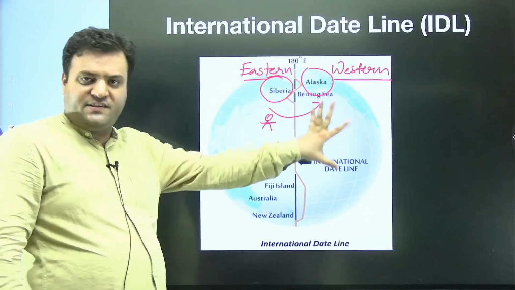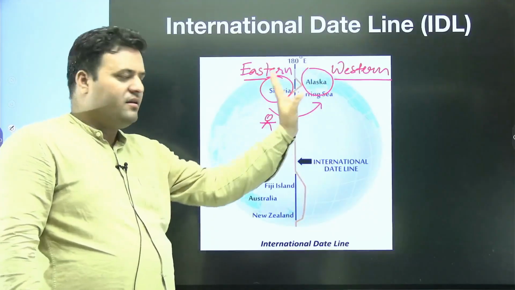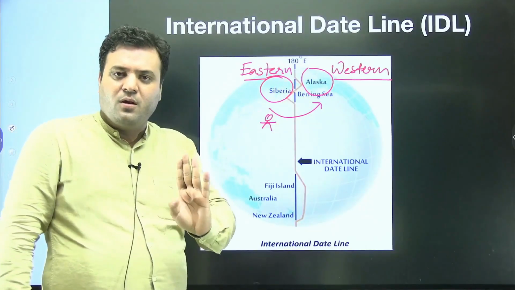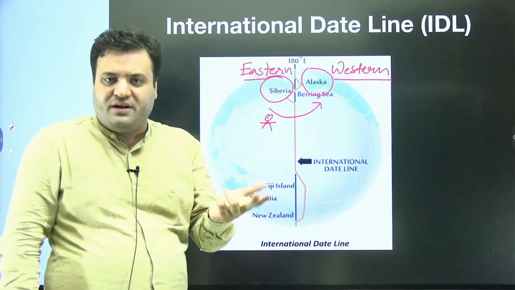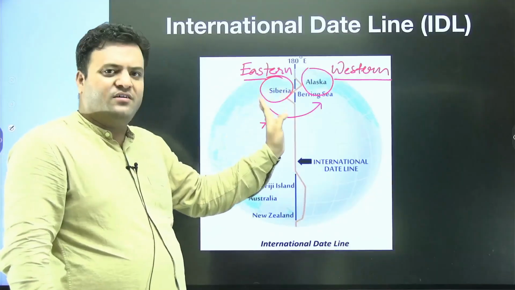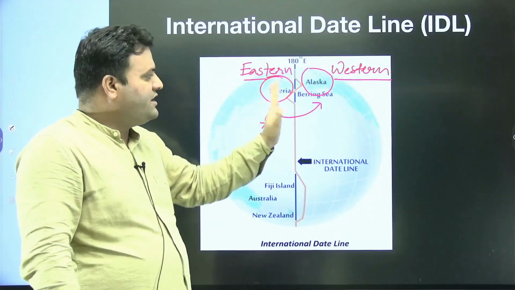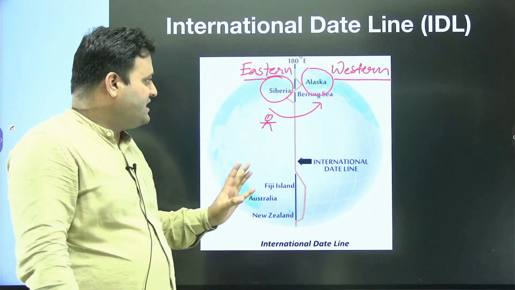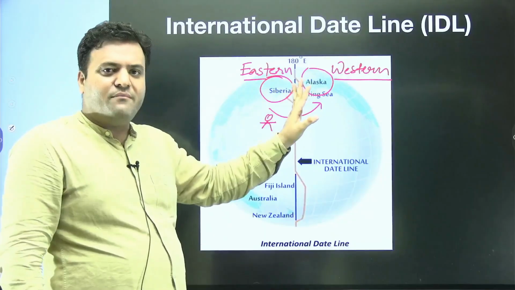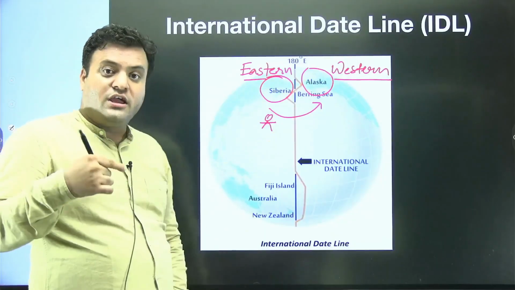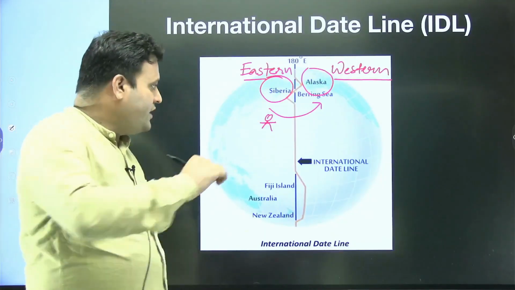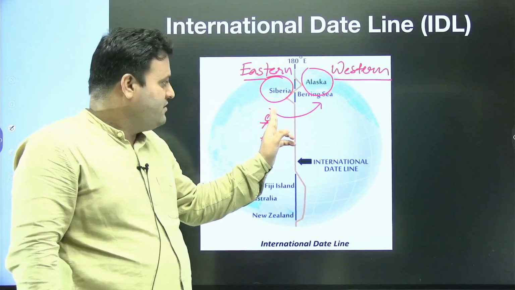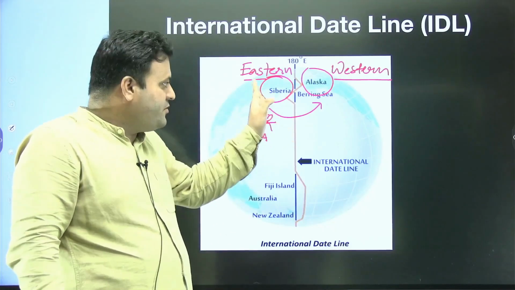Now the time is the same, okay, yes, time will have some variation based on the longitudes. I hope you remember, 1 degree of longitude equals 4 minutes. So suppose we have almost 30 to 40 minutes or more. There is some time difference, but we are talking about the date. So if person A is crossing the international date line, the person is moving from Serbia to Alaska.